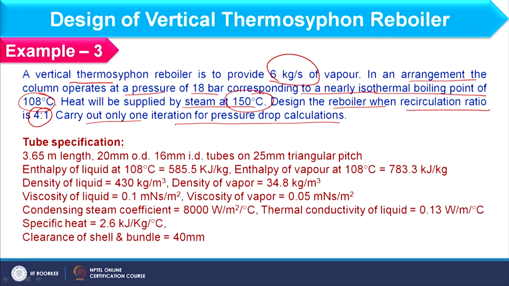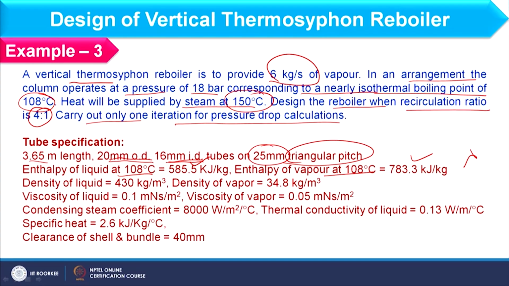Along with this we have some other data such as tube data. It has 3.65 meter length, 20 mm OD and 16 mm ID, and the tubes are arranged in triangular pitch with 25 mm pitch. And we have other physical properties such as enthalpy of liquid and enthalpy of vapor, so the difference of these will give me the lambda value.